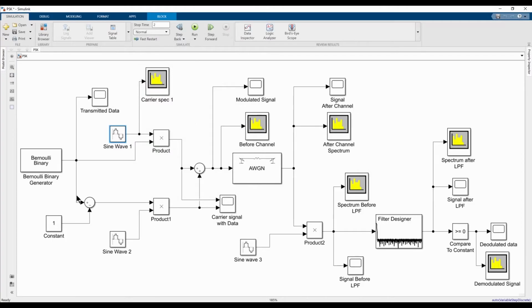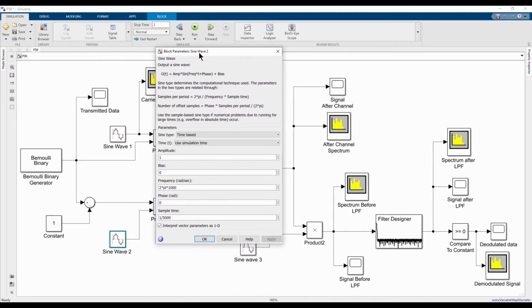For the other part, the inverted phase part, we have to get the negative value of the data. For that we subtract 1 from all the bits, then we get the negative version of the data stream, and this is modulated with the same carrier wave.